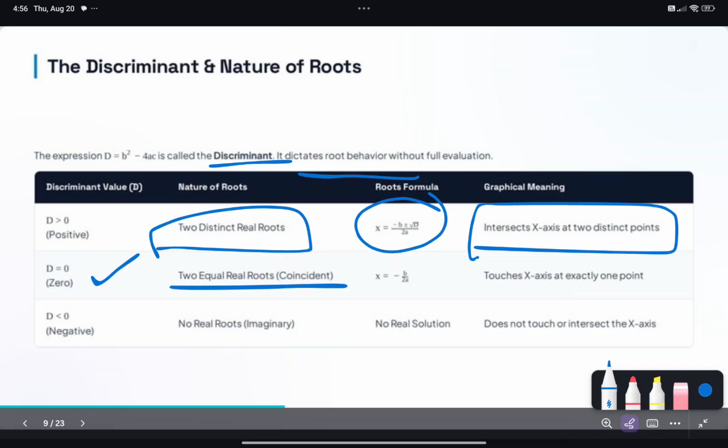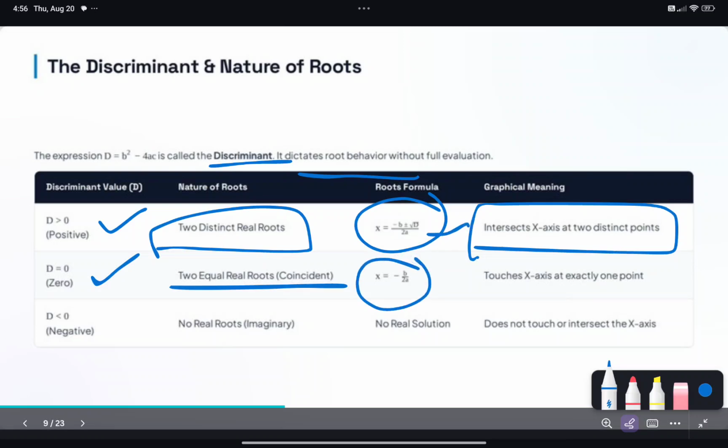Two equal real roots. Here the two equal real roots are coincident. x is equal to minus b by 2a. Simply, x is equal to minus b by 2a. In this case, when you have to find roots, use this formula.